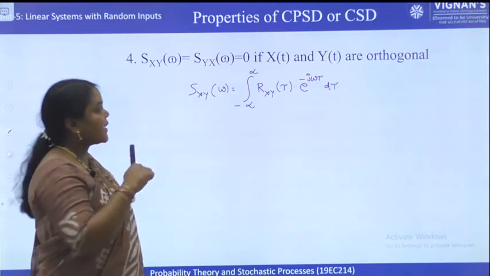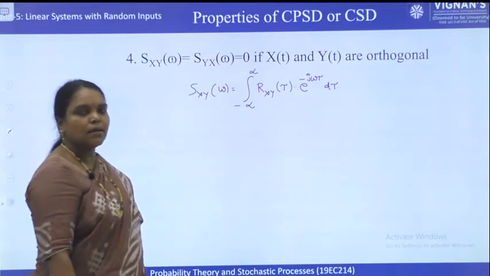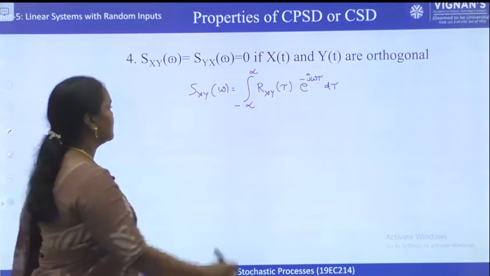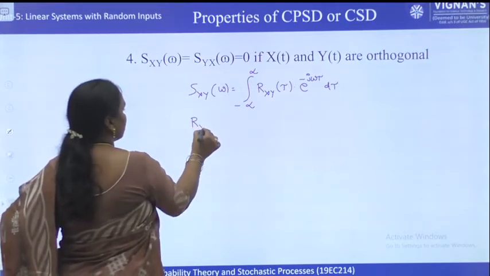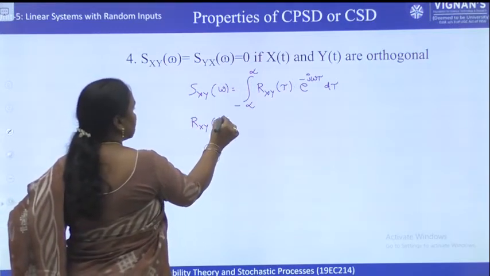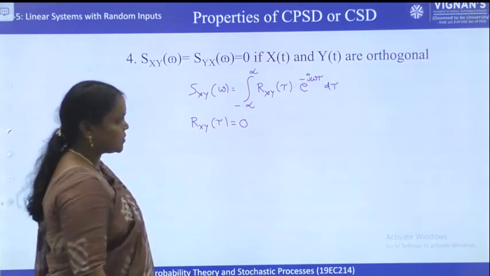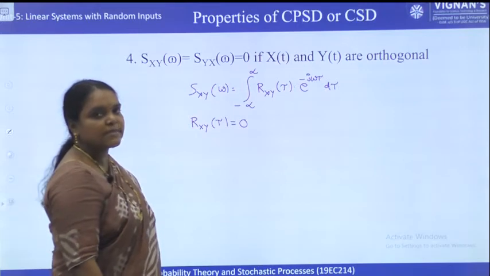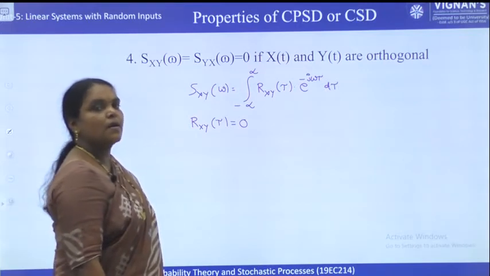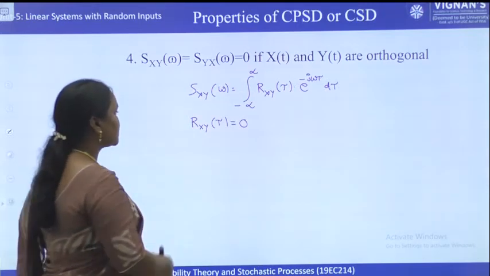If two random processes are orthogonal, what is their cross correlation? R xy of tau is equal to 0 if they are orthogonal. If the two random processes x of t and y of t are orthogonal, then their cross correlation is 0.